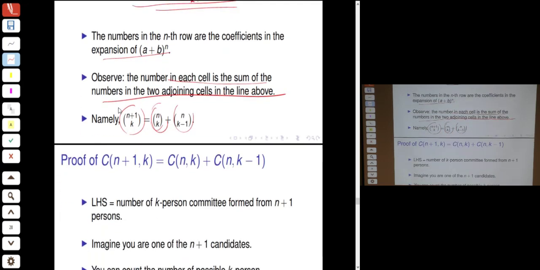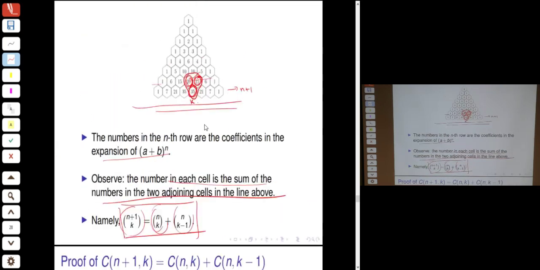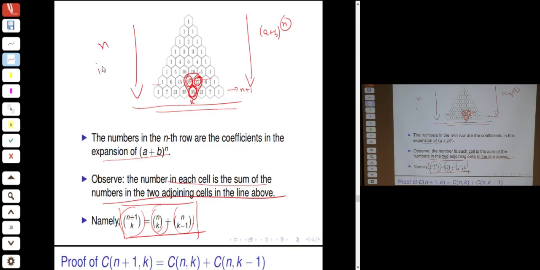So, in other words, this is a simple pictorial representation of the coefficients. As you go down, n increases this way, and k increases this way, ranging between 0 and n, and you list the binomial coefficients.